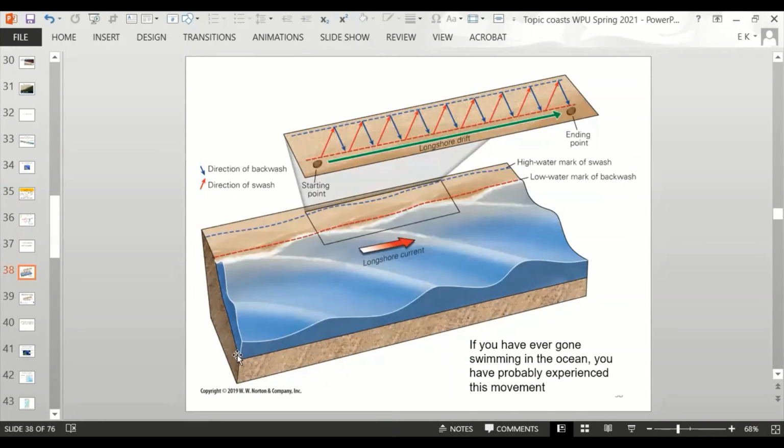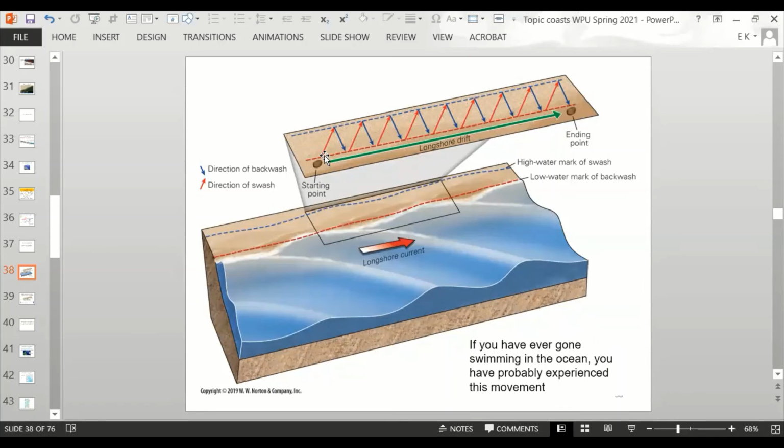So here you have your water waves moving at this angle, in this direction. The water builds up along the coast and forms this longshore current. And then you have this enlarged part of the diagram that shows your longshore drift, and your longshore current is going this direction. And then you have this piece over here, like a little pebble.